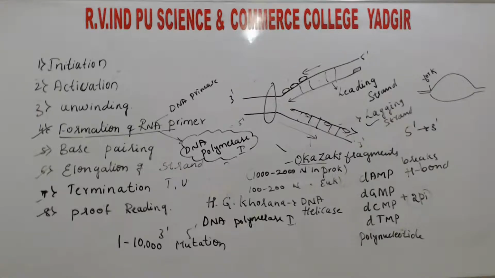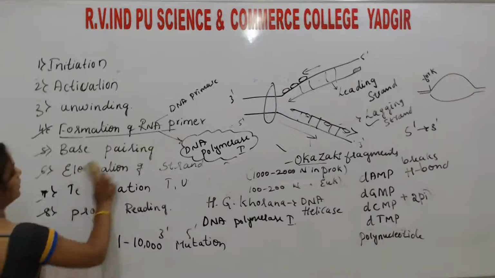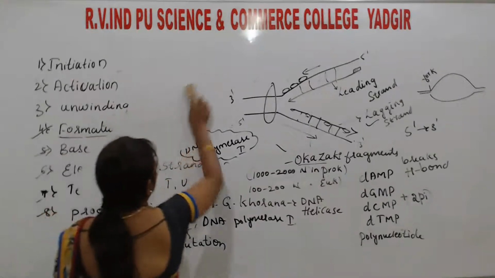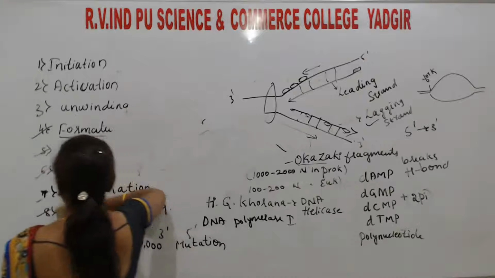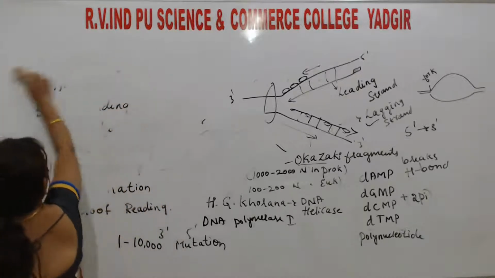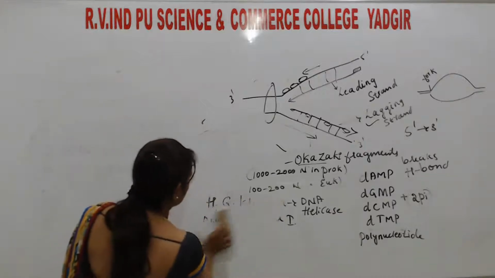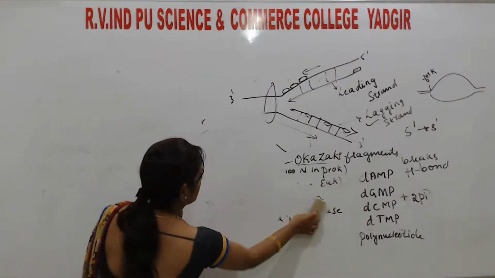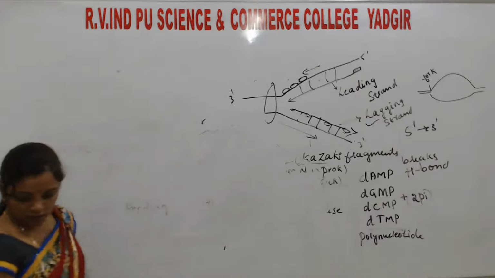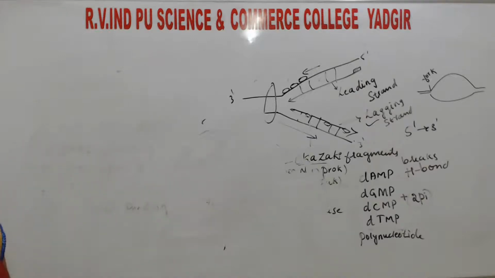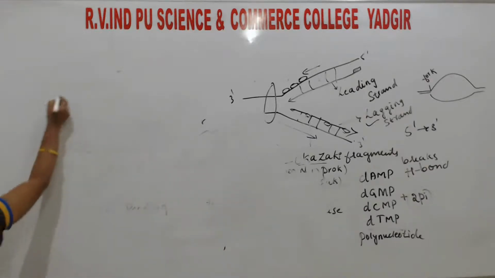After this we will get the strand. 8 steps you have to remember. Lagging strand, after combining all this, we will get the diagram.